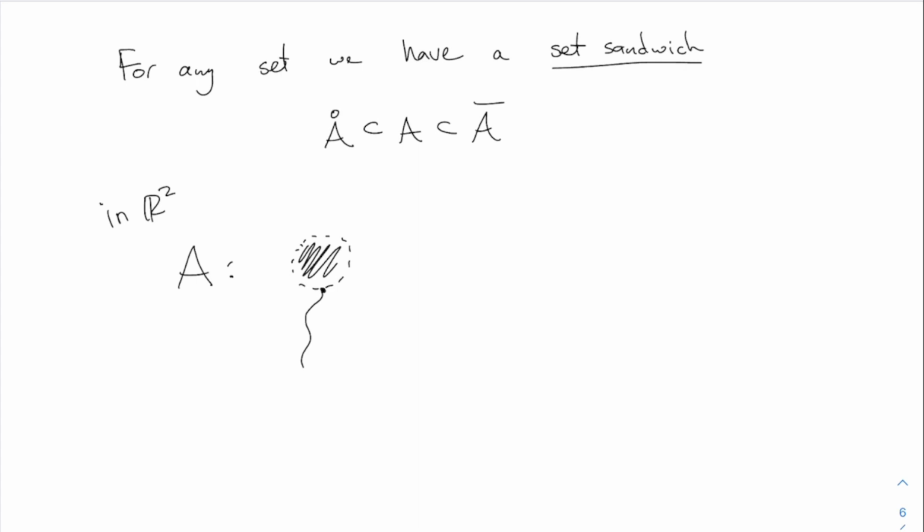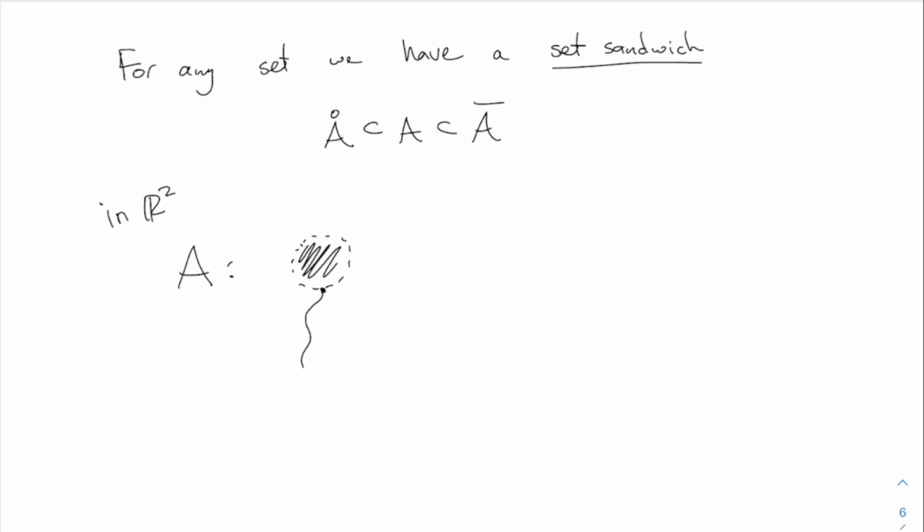But it has a dotted line there. That means it does not include any of the points on the boundary of the balloon part, except for the one at the end of the string part. All right. Let's say that's A. Can we say what is the interior and what is the closure of A?